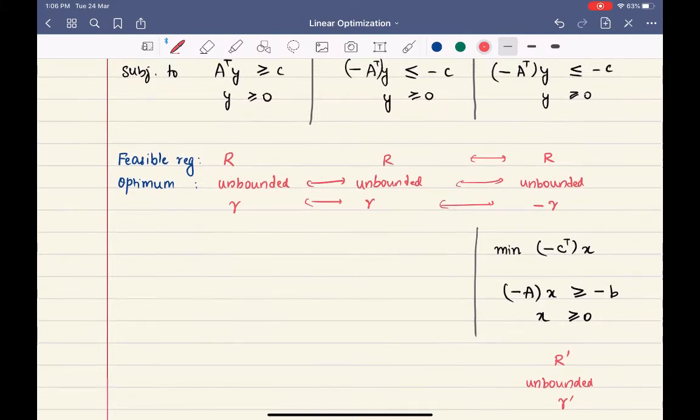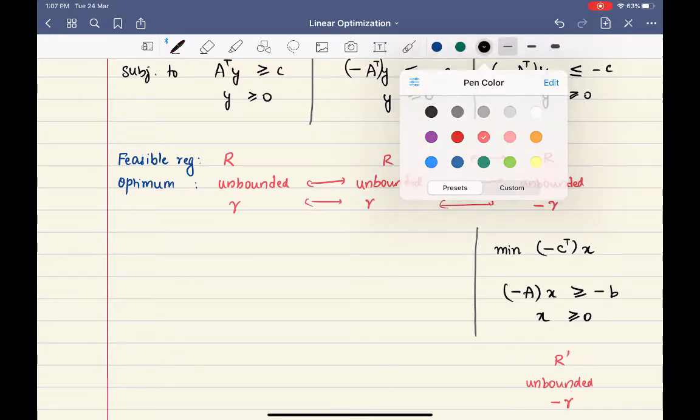But if we use the duality theorem, this gamma prime would just be minus gamma, because the duality theorem says that the primal and dual will have the same optimum when they exist. Okay, fine. So now we have this.